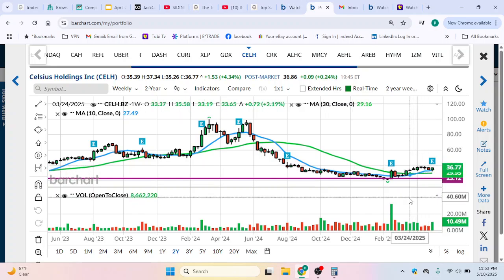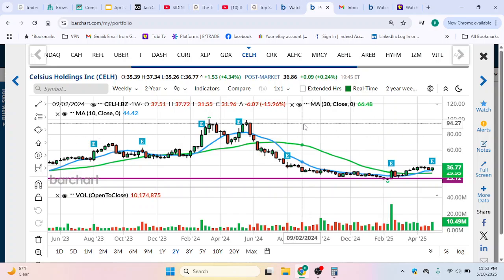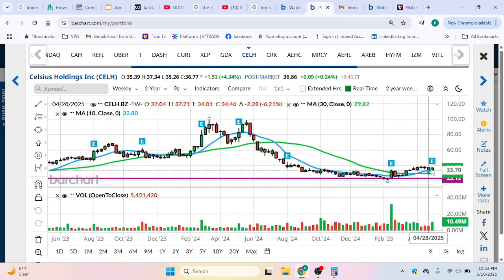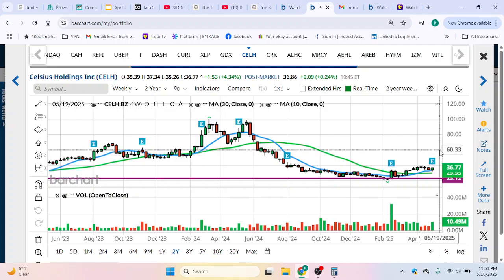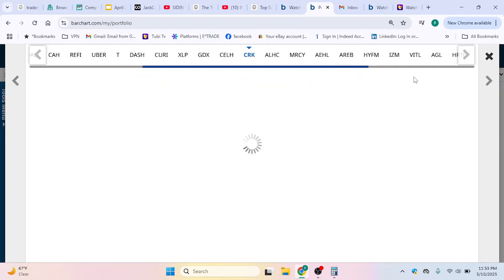Let's say it doesn't go back up to its highs, but what if it went from here to 50 or 60 per share? That would be a great trade. So again, we're looking for context, buying opportunities, using different time frames, and just trying to use our capital in an efficient way.